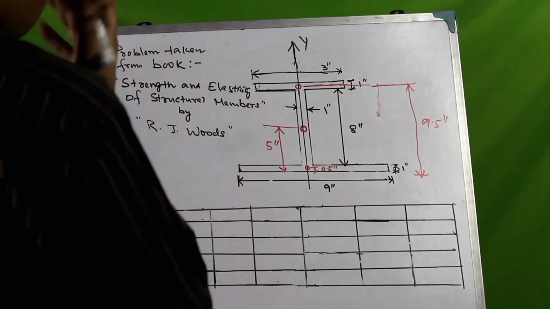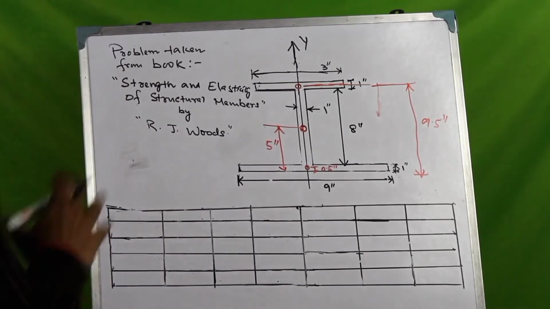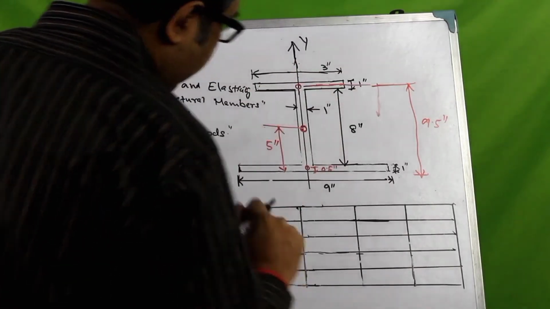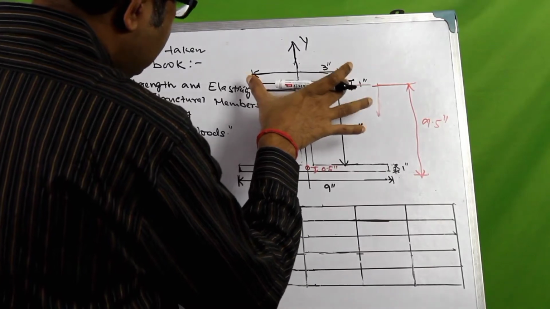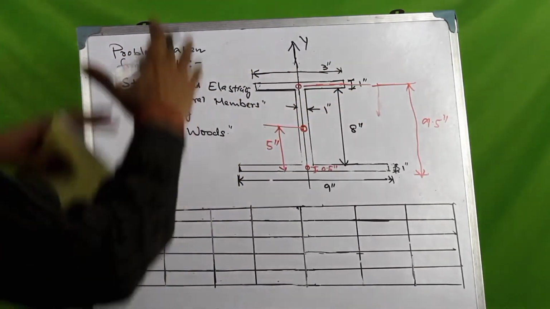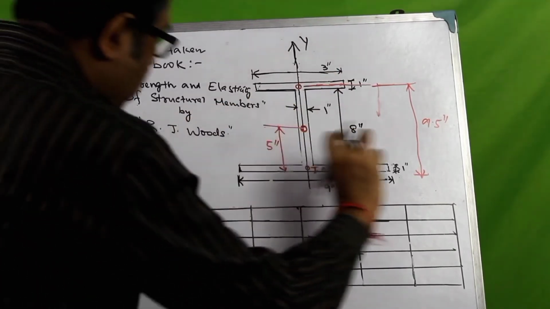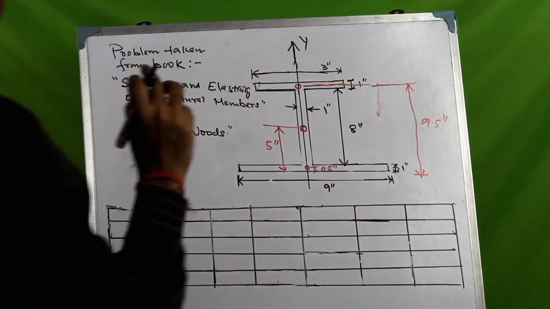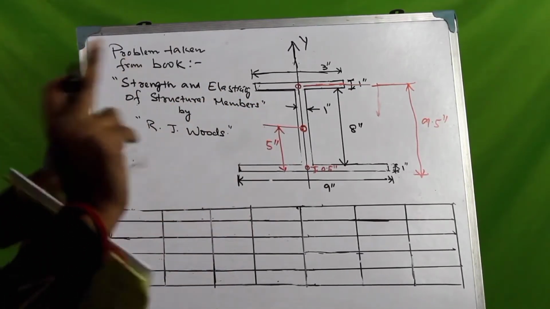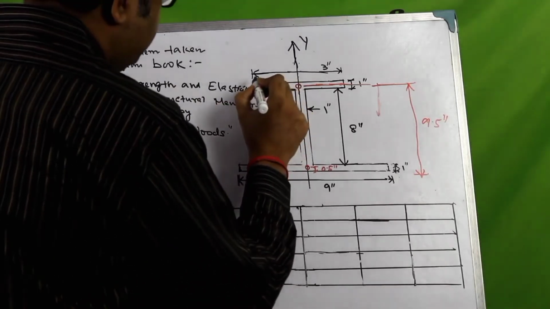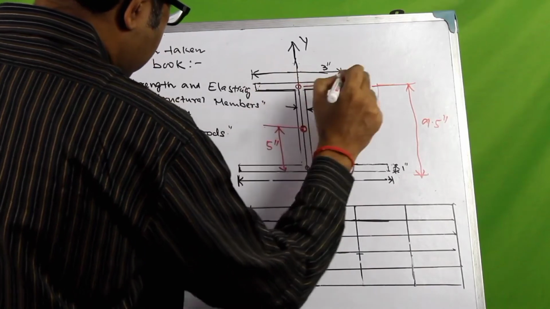Now the first thing that we want to do here is, let me explain these dimensions in red. For each of these components of this section, that is the top flange, the web and the bottom flange, we have found the centroid of the area of the individual components. The top flange area is 3 inch into 1 inch, so 3 square inch.